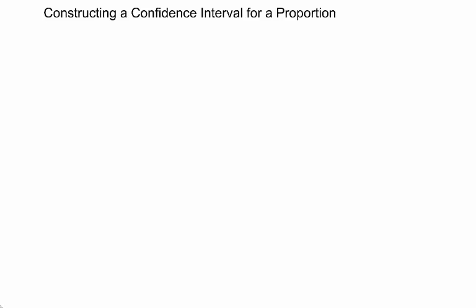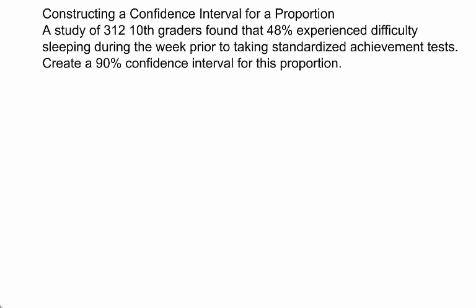Now, let's take a look at an example of constructing a confidence interval for a proportion. A study of 312 10th graders found that 48% experienced difficulty sleeping during the week prior to taking standardized achievement tests. Create a 90% confidence interval for this proportion.